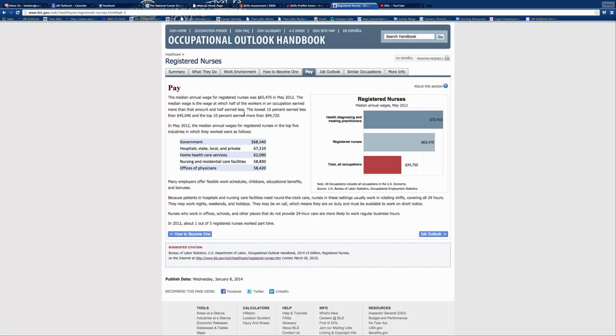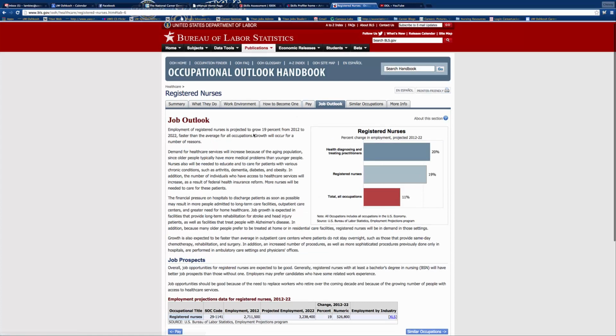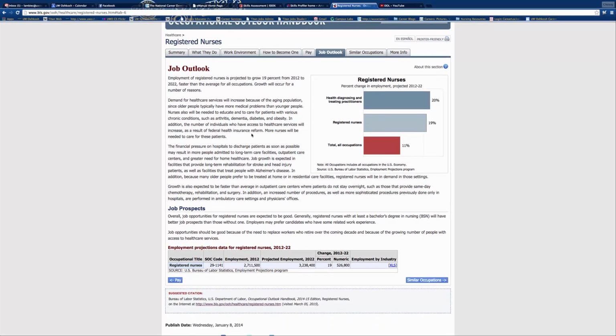We can look at the job outlook. So for some folks, this is going to be very important. They want to look at opportunities that have some opportunity for growth over the next few years. So definitely something to consider when you're working with students, to ask them what they are thinking about, where they're looking, and then getting an idea of what that outlook will look like.